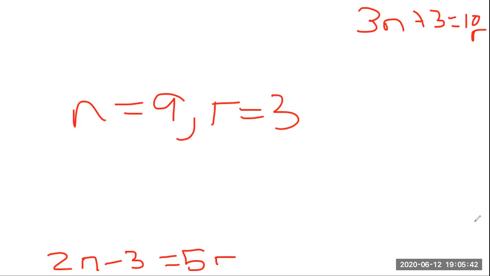Did that make sense? I had to do the simultaneous equation twice, because at first you will only get the ratio of n to r, so you've got to do it again to get one of them.